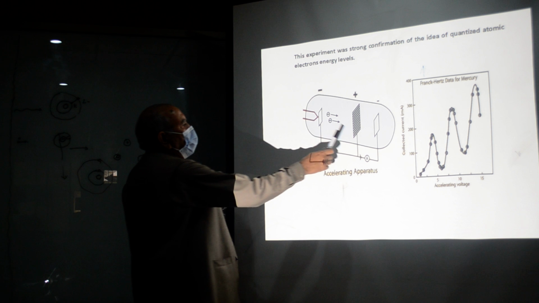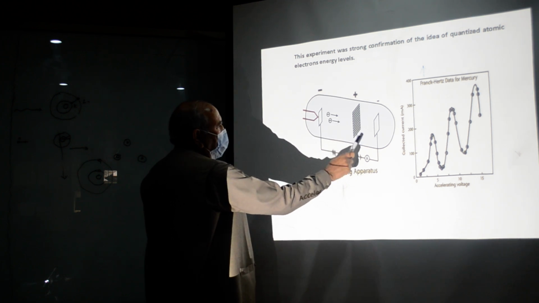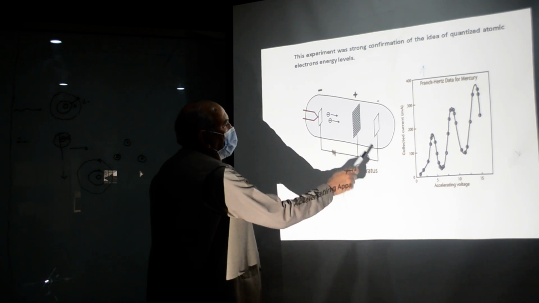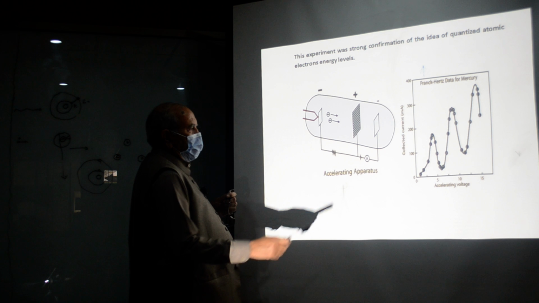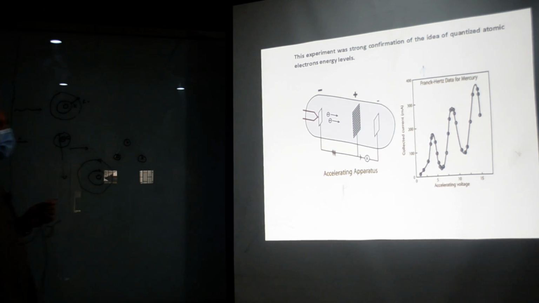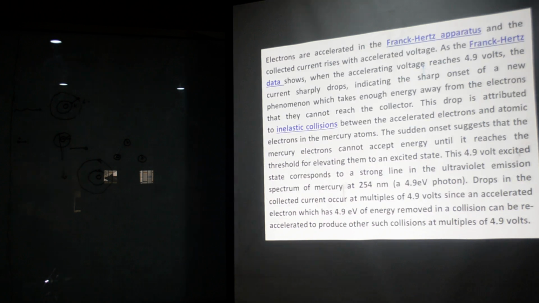Again, those slow electrons, which are slowed down by the excitation of the atom, will again start increasing in energy, and at another voltage again you will see a sharp increase and then it will start decreasing. This is what it is.